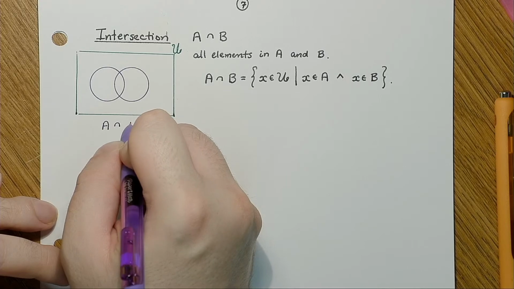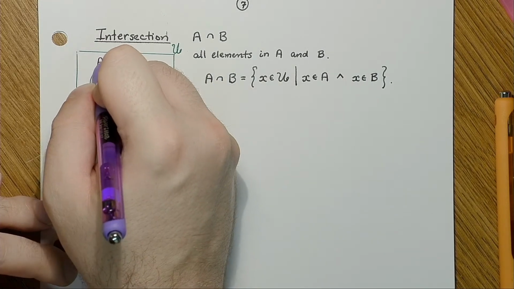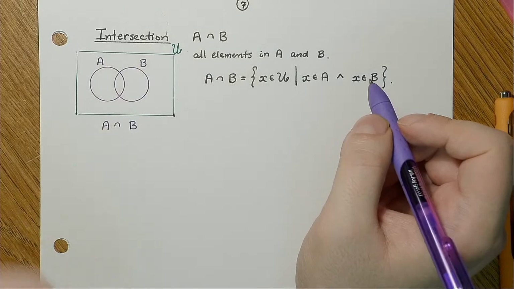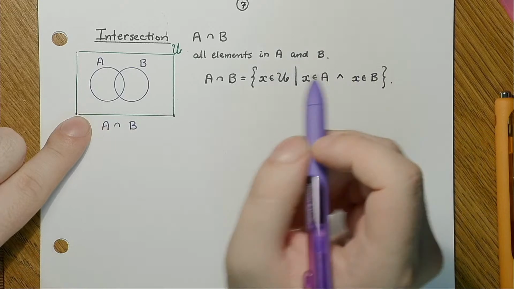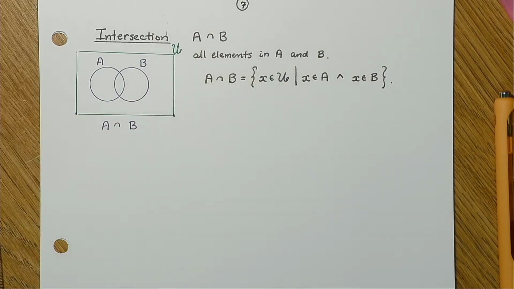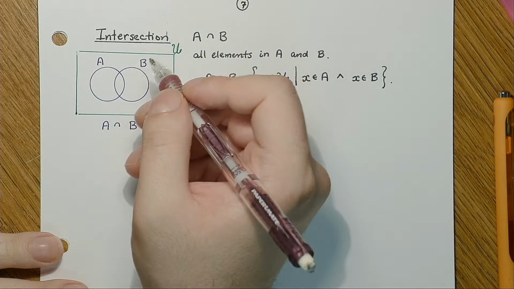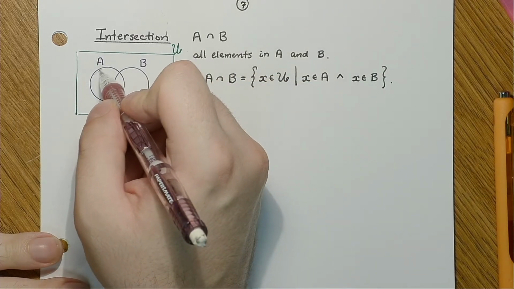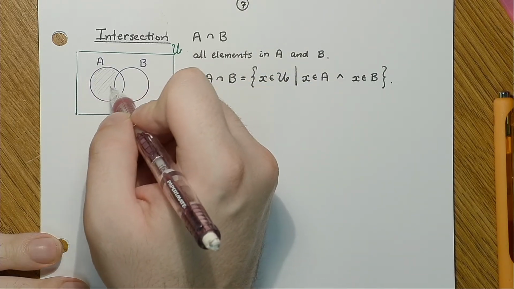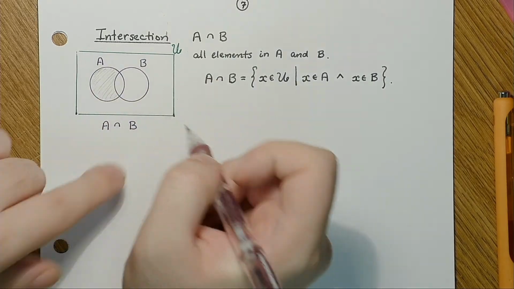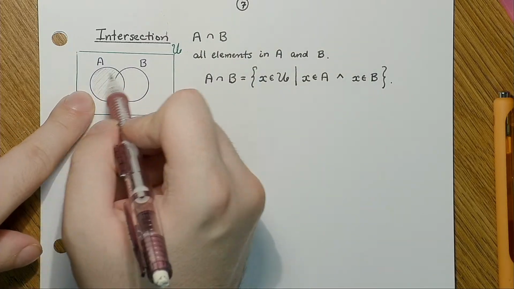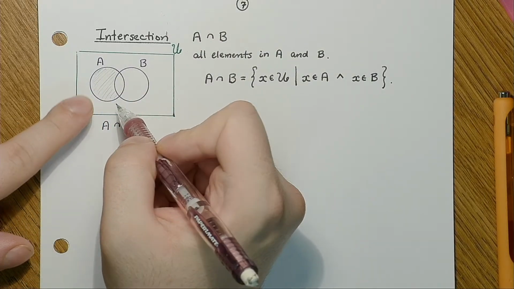A intersect B. Make sure that I label my sets A and here's B. So in this case, it has to be both in A and in B. So in this part right here, these are all the elements that are in A, but they're not in B. So this shaded section that I've just done here is not included.